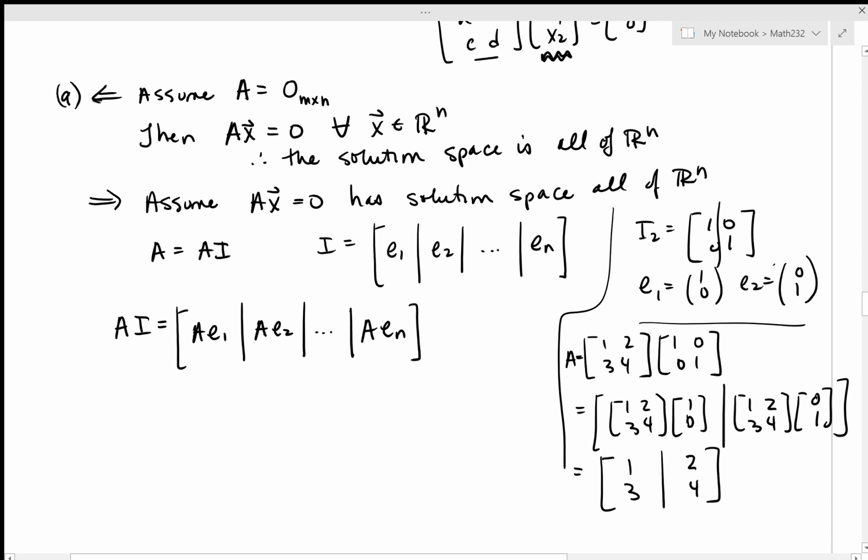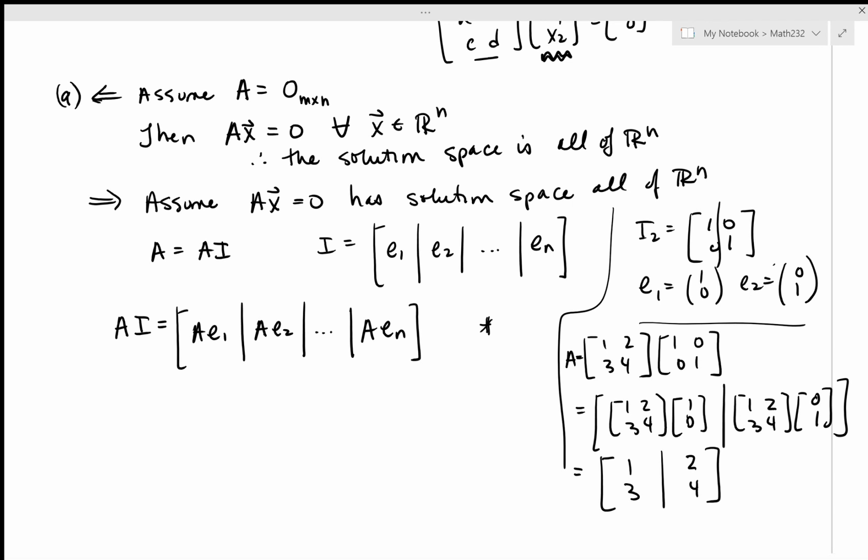These vertical bars are just separating my columns, and I see that that is A. So A times I is equal to this thing here, and that is equal to this guy. So I've justified this a little bit with this example here.